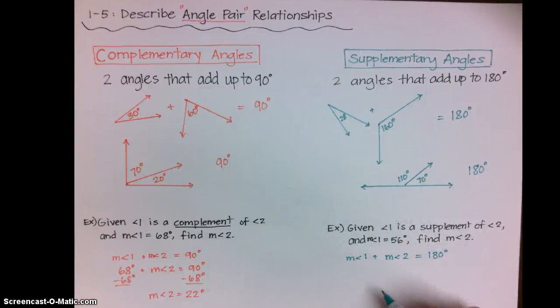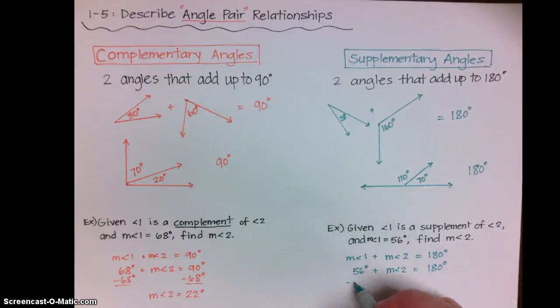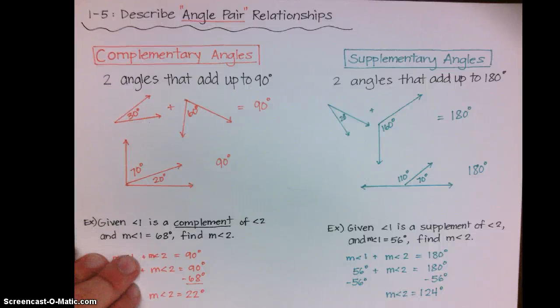So angle 1, we're told, is 56 degrees. I don't know the measure of angle 2 yet, but all that I have to do is subtract 56 degrees from both sides. And then the measure of angle 2 is going to equal 124 degrees. This is easy stuff that you've probably learned before.